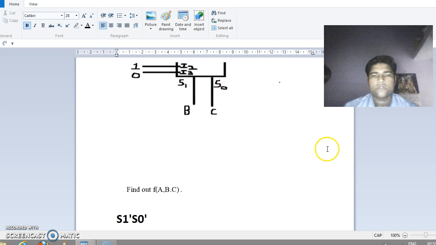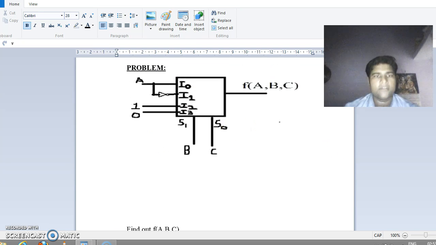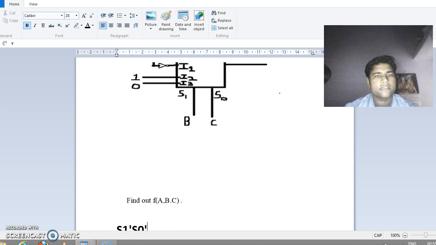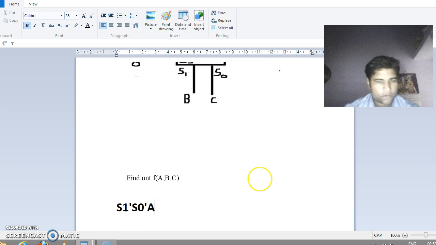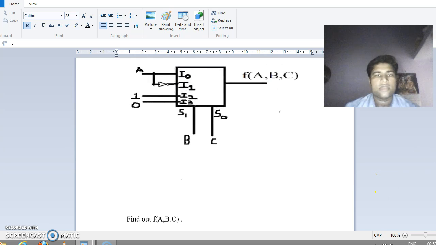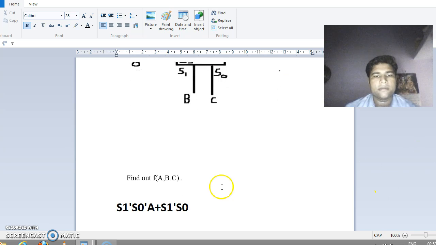So what do we have there? We have A in the place of I0, so we put A. Now plus, now what is 1? So how will we write it? S1 bar S0, and in the place of I1 we have A bar.